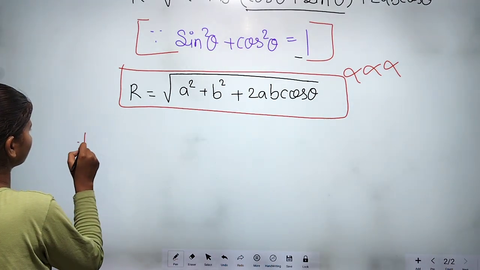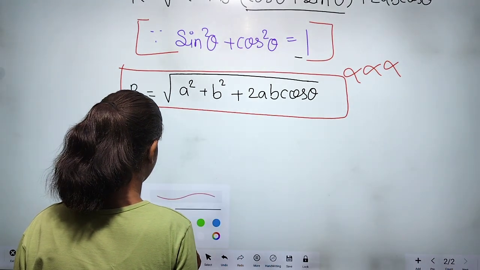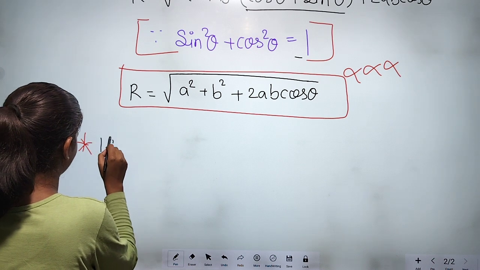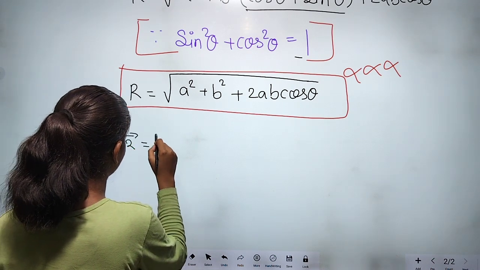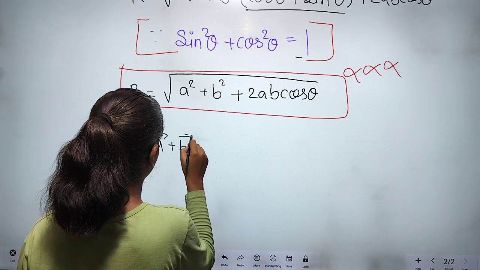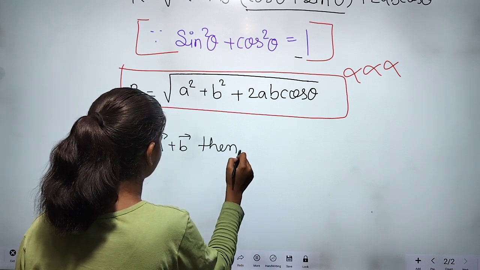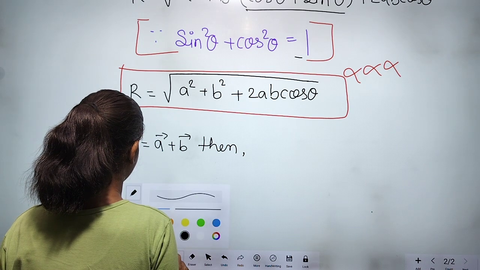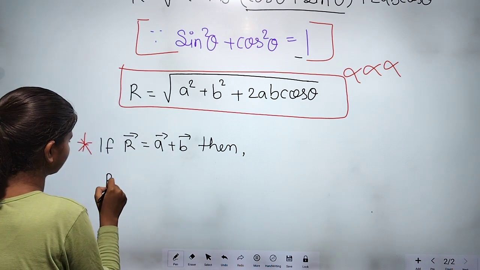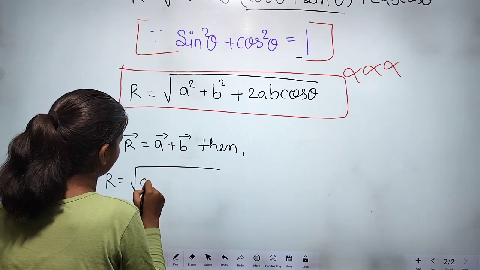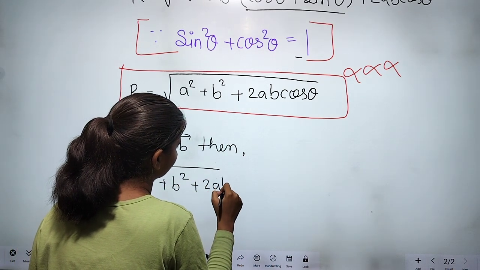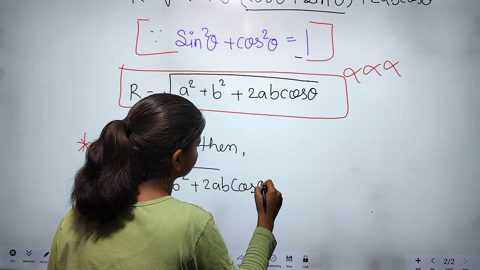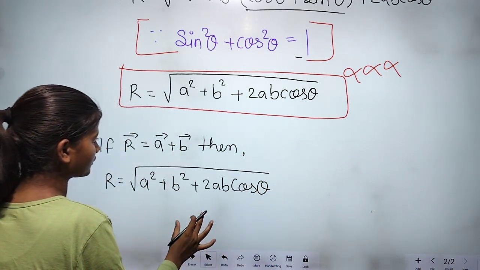So let's see a point that if R vector is equal to A vector plus B vector, then resultant is equal to root under A square plus B square plus 2AB cos theta.